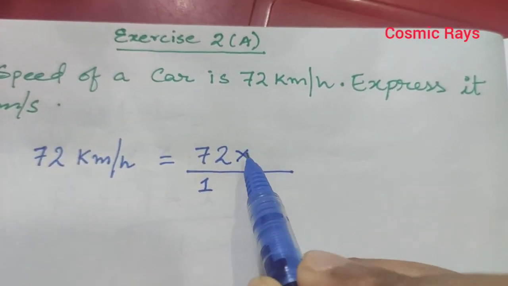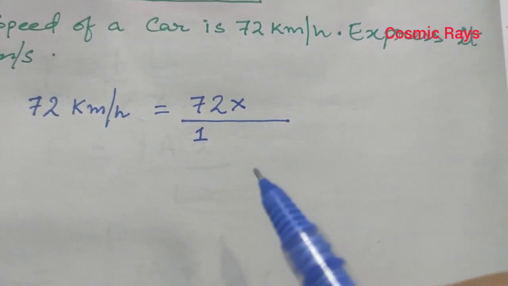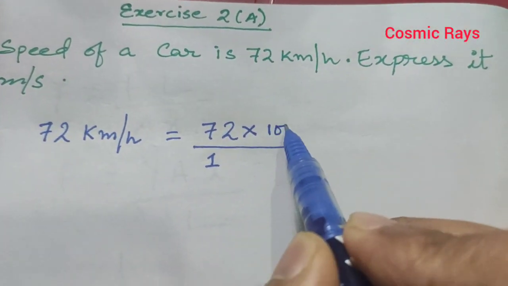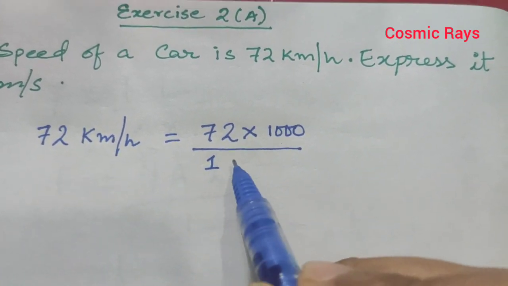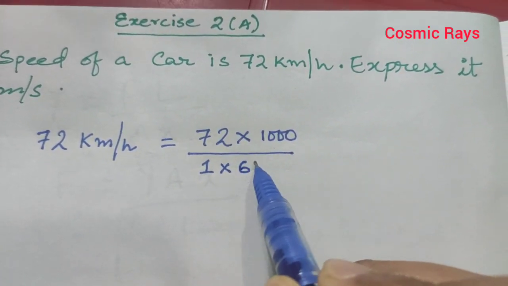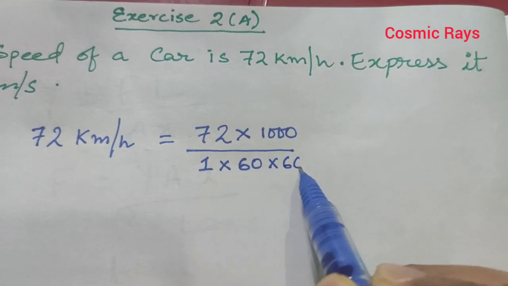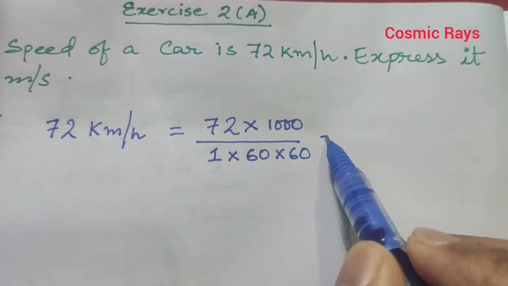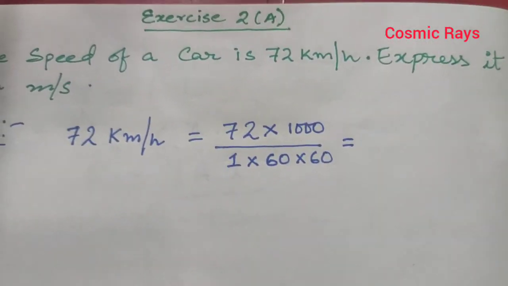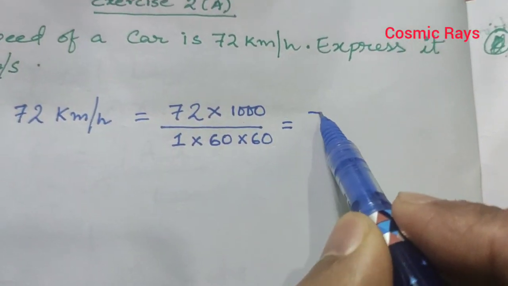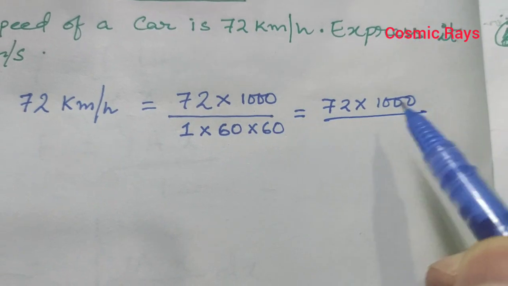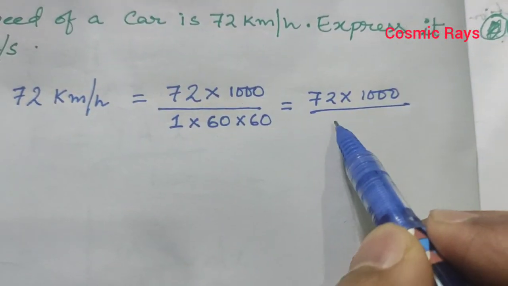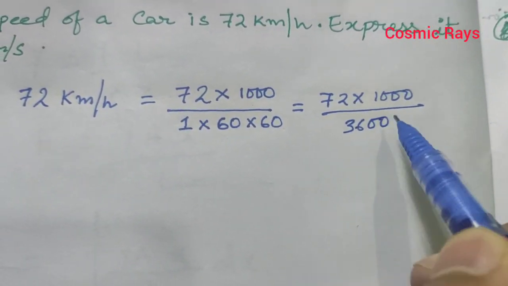So for kilometer to meter conversion, we know that we multiply it with 1000, and from hour to second, we have to multiply it with 60 into 60. So here you see it's 72 into 1000 and 60 into 60 is 3600.